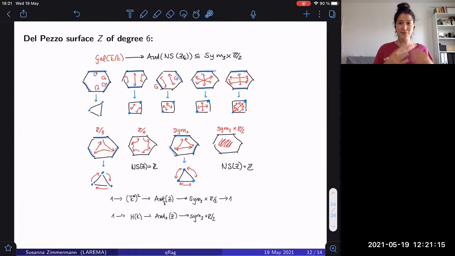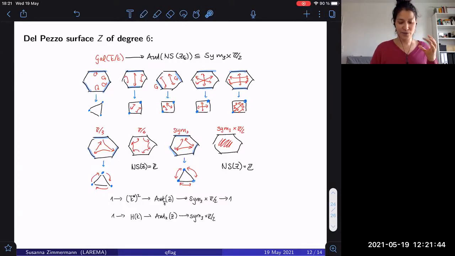So in each of these cases, one can arrive at computing the automorphism group of the surface, and for each of these cases, you can actually find a field over which the surface is realized as a rational surface. So they all exist over some field. The way you compute the automorphism group is that the automorphism group also acts on the hexagon, because it permutes the (-1)-curves.